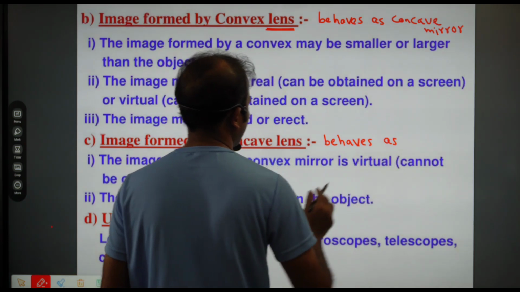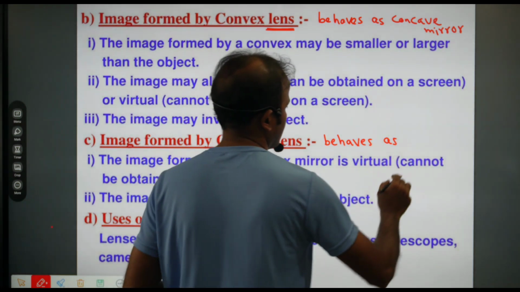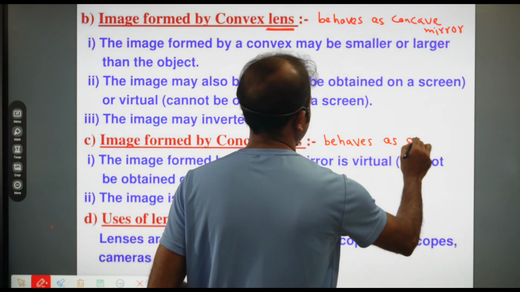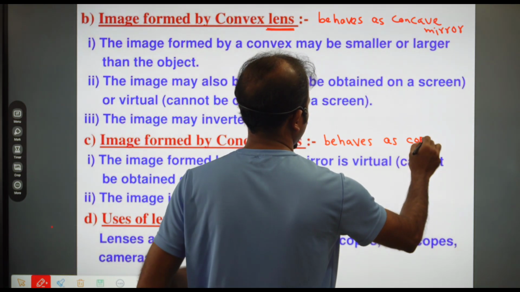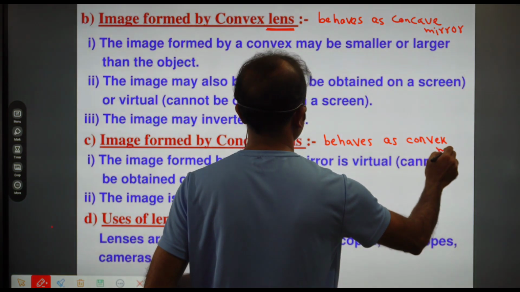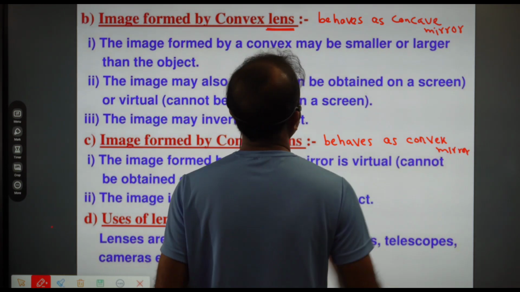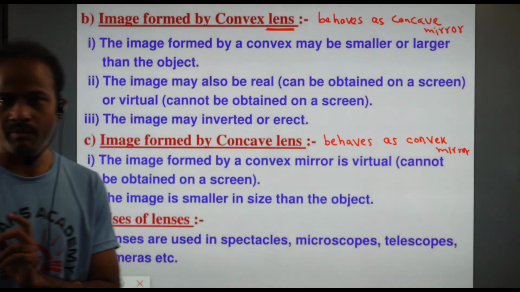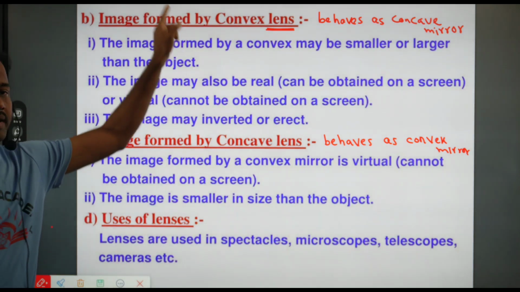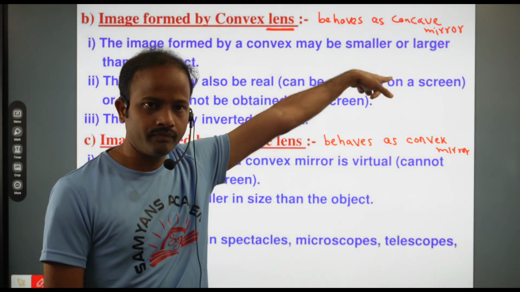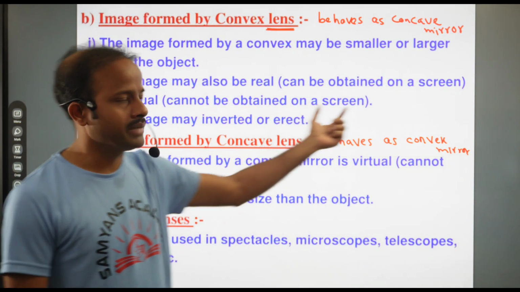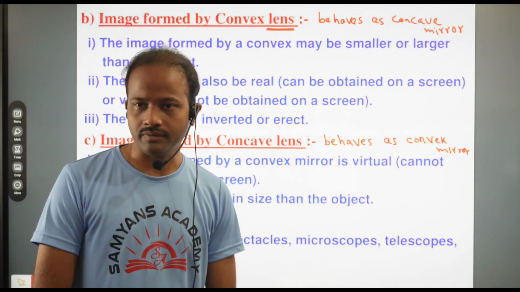We are talking about lenses, not mirrors. So remember: convex lens behaves as a concave mirror, and concave lens behaves as a convex mirror.